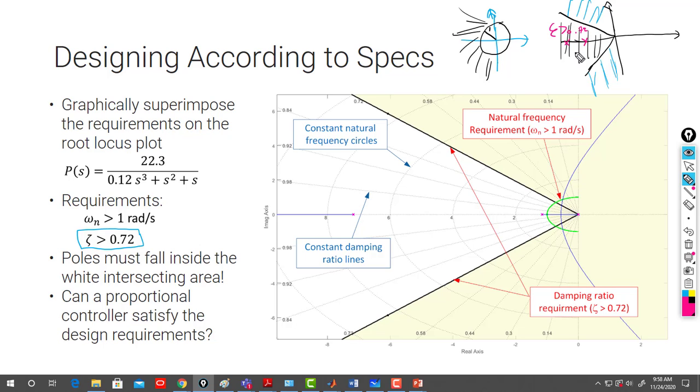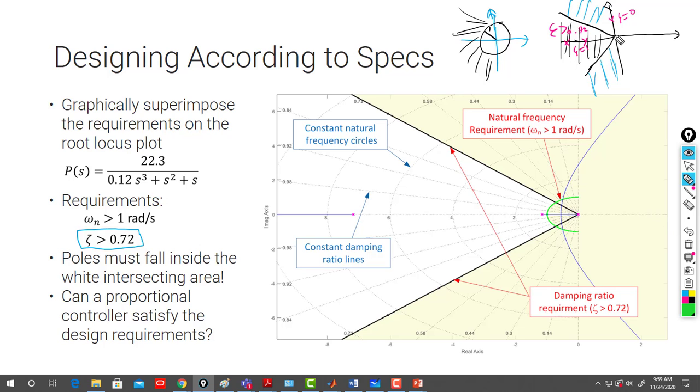Yes, zeta will be 1. If my poles are purely imaginary, how much will zeta be? Zero. So each time zeta increases, beta decreases. So bigger than 0.72 means the black.